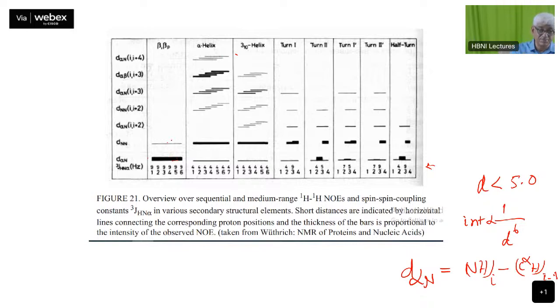Now, if you go to the helix, alpha n I plus 4. What is that? This is the NH of I plus 4 residue to alpha of residue I. 4 residues apart, you will see.